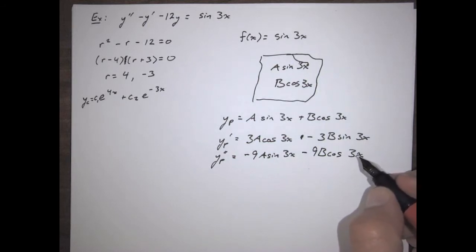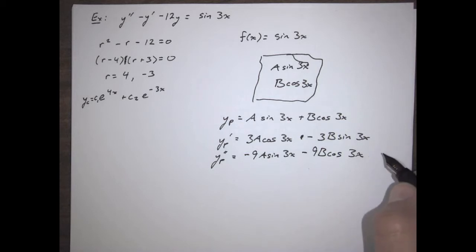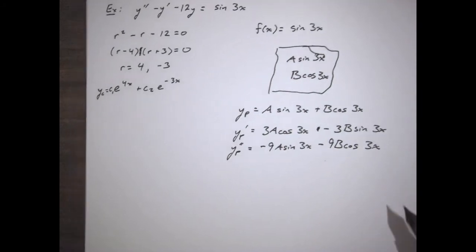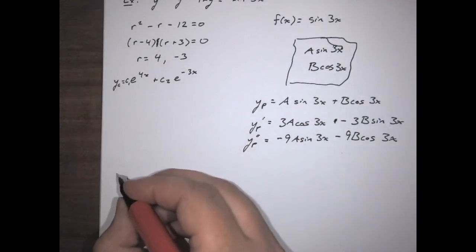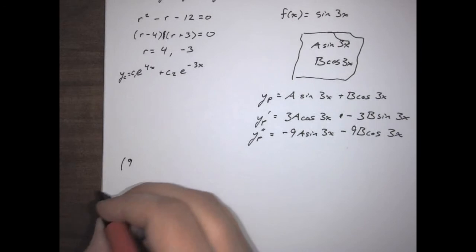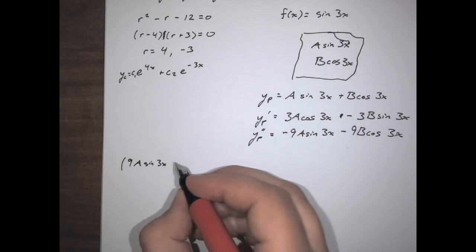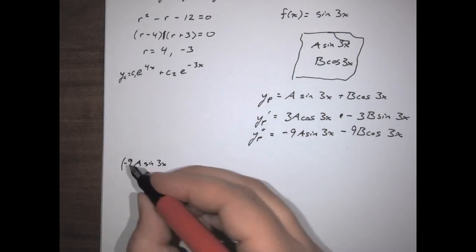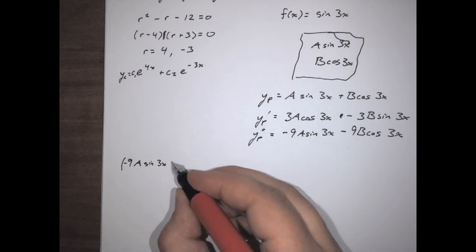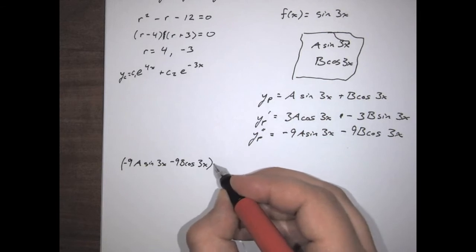Alright, so now when we proceed, we are going to need to put all of these into play. So negative 9a sine 3x minus 9b cosine 3x.